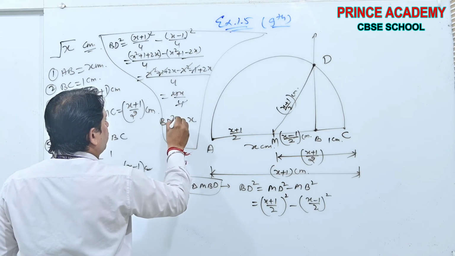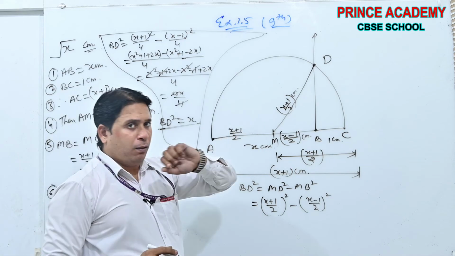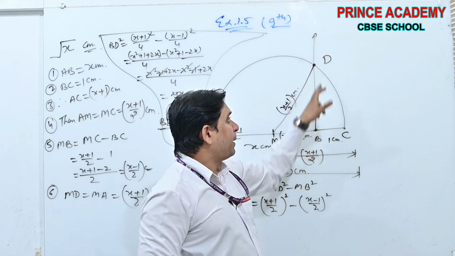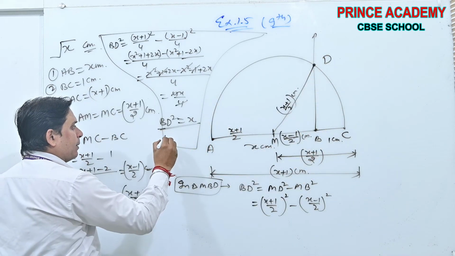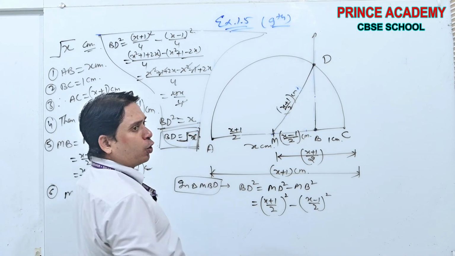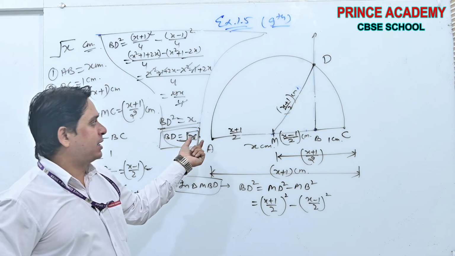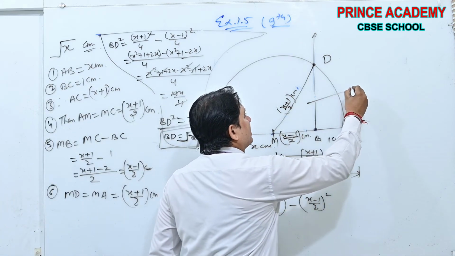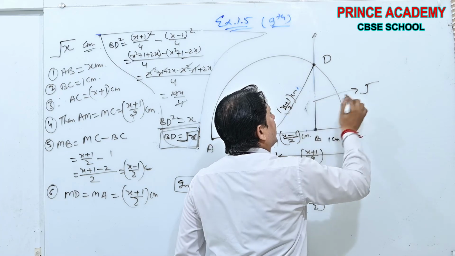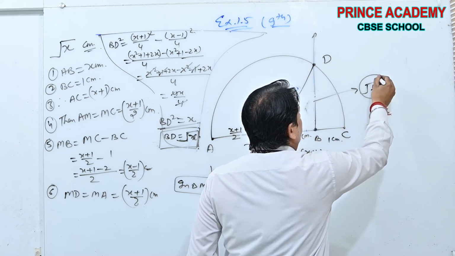See, beta, BD square you got is x. BD is equal to root x. Now we got BD is root x, and the same way from here we can cite BD is root x. Yes or no?